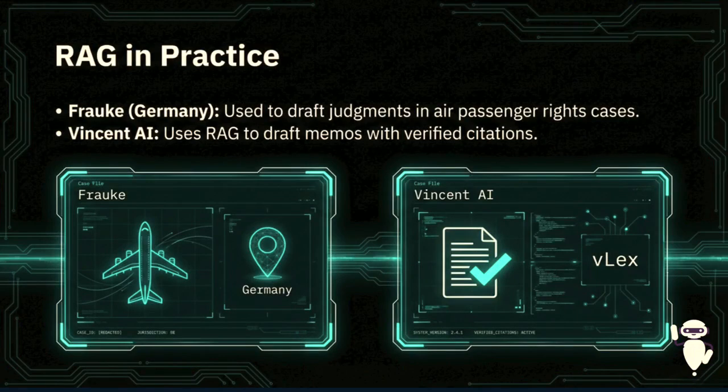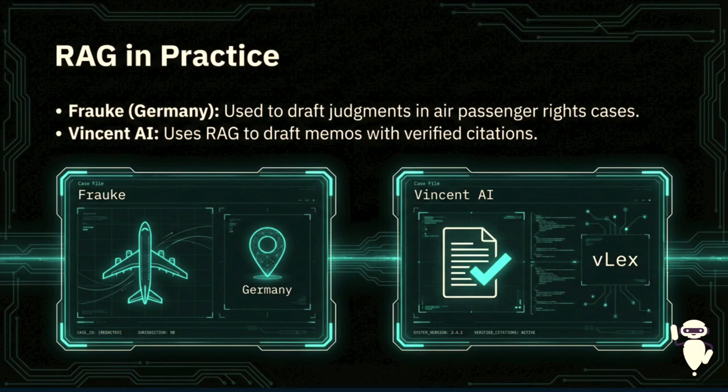We can actually see it in production. In Germany, the tool Frauke is used, generative AI with RAG, to draft judgments for air passenger rights cases based on previous case files.